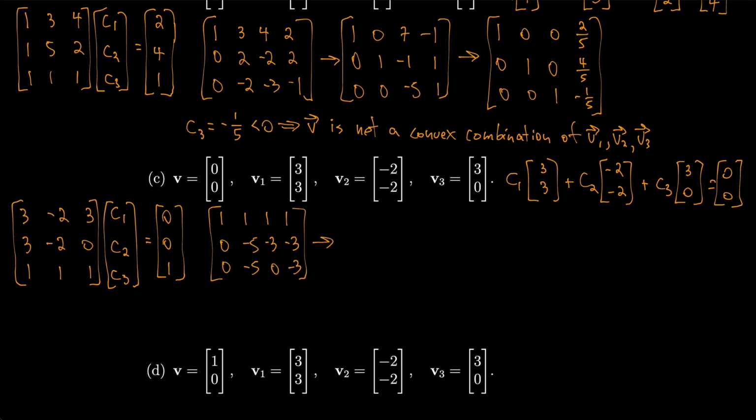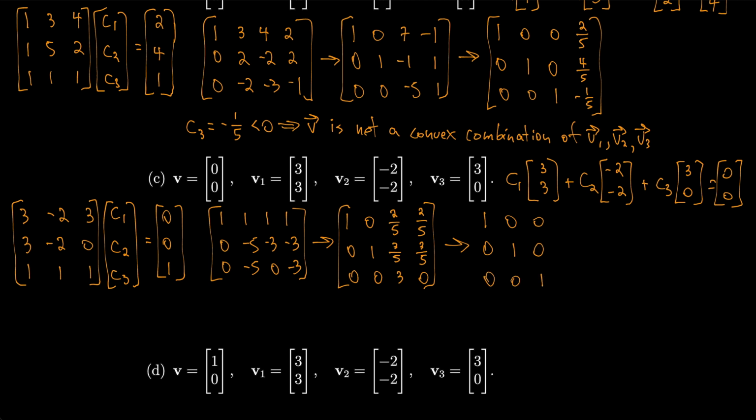Further reduce to get 1, 0, 2/5, 2/5, 0, 1, 3/5, 3/5, 0, 0, 3, 0, which then becomes 1, 0, 0, 0, 1, 0, 0, 0, 1, where the top coefficient is 2/5, then 3/5, and then 0.